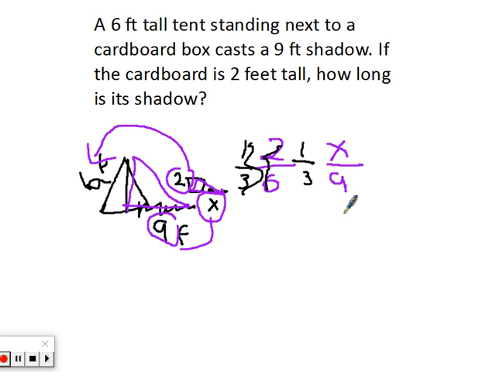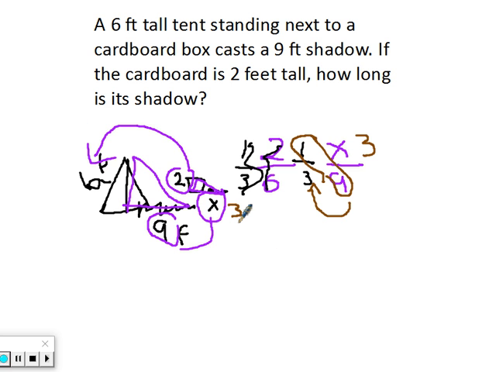Okay. 1 I'm going to multiply times 9 to finish the proportion. And 1 times 9 is 9, and then I divide it by 3. 9 divided by 3, it's 3. So X must be 3. Okay. I know it's an ugly drawing, but I'm doing it with my mouse.